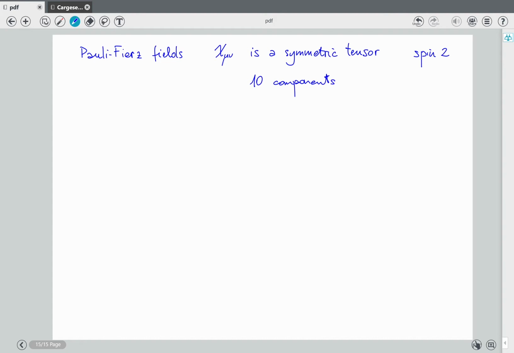Now, if you consider its divergence, del mu chi mu nu, that's a vector. So you can say that's a 4 vector. You can say that that is a 3 vector plus a scalar. That scalar could also be seen as this double divergence.